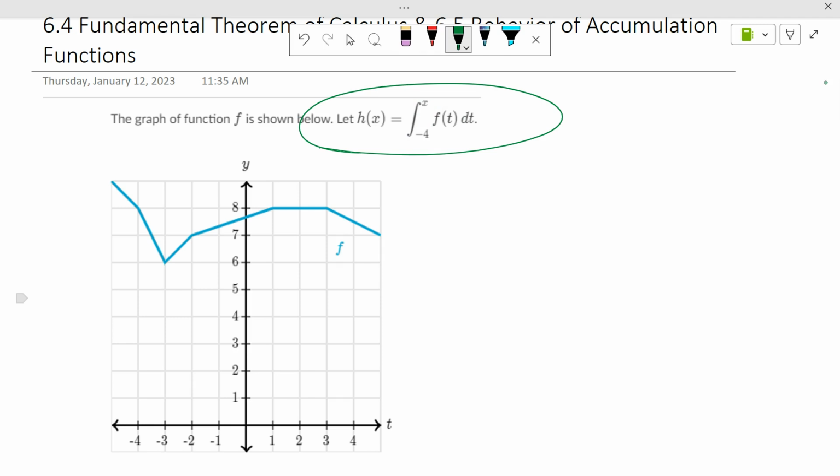But what we do in the fundamental theorem of calculus is take this and plug it in here. And if it's more than just x, then we take the derivative of it as well, the dt. So this is just f of x from -4 to whatever it says.